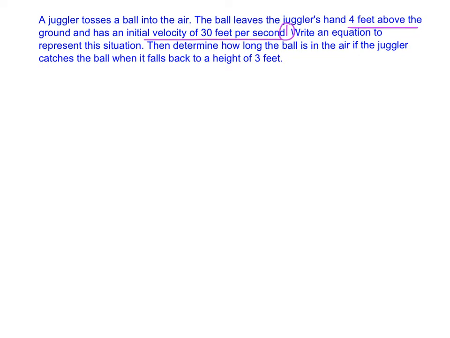We know that vertical motion is represented by this equation in general. So we have h equals negative 16t squared plus the initial velocity times t plus the initial height. Let's find that key information. What I notice right off the bat is that our initial velocity is equal to 30.